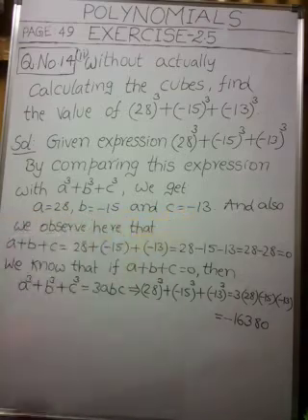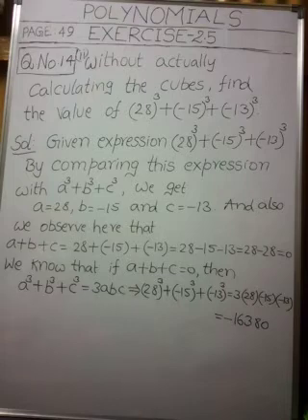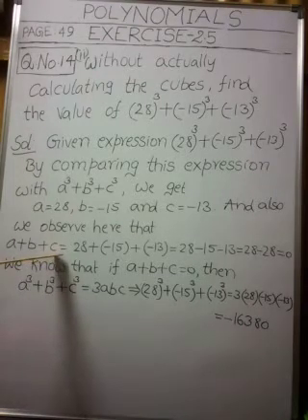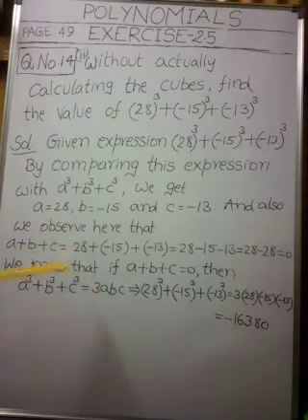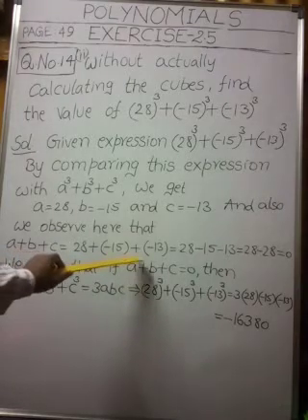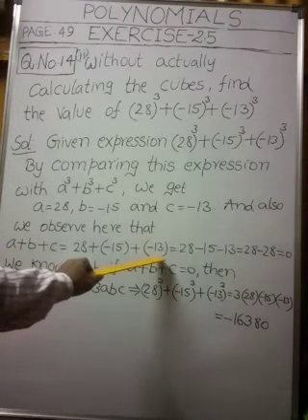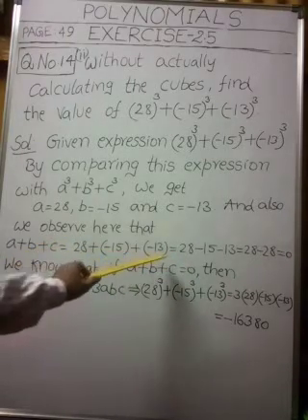Understood this part, my dear children? Right. Also we observe a plus b plus c: if you find the sum of these three numbers, what will you get? 28 plus minus 15 plus minus 13, I have just substituted the a, b and c values.